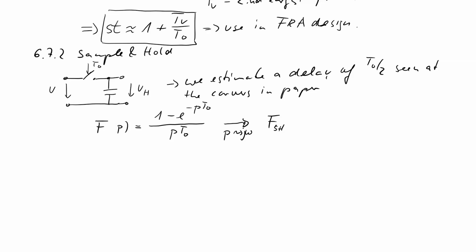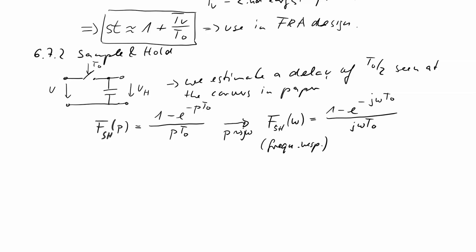Of course, I have a sample and hold transfer function. So the frequency response, the response to sinusoidal signals of the sample and hold block, is (1 minus e to the power of minus j omega sampling time) divided by (j omega sampling time).